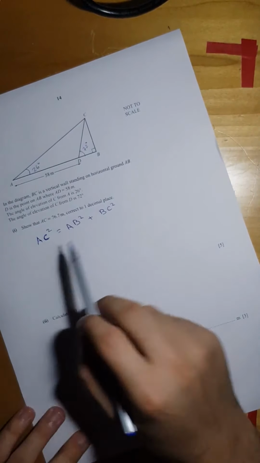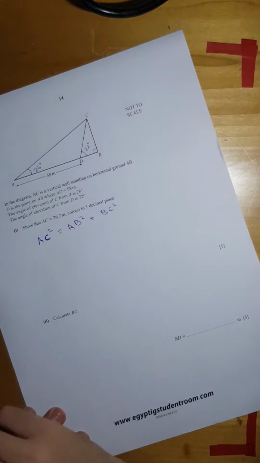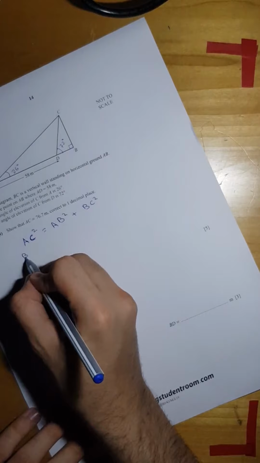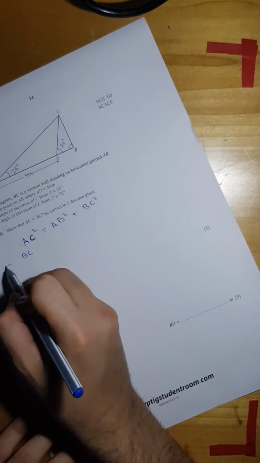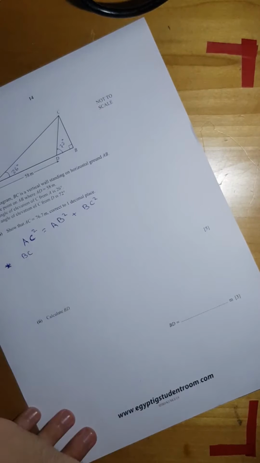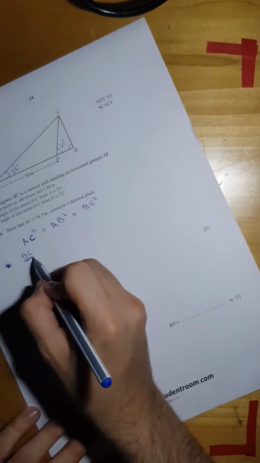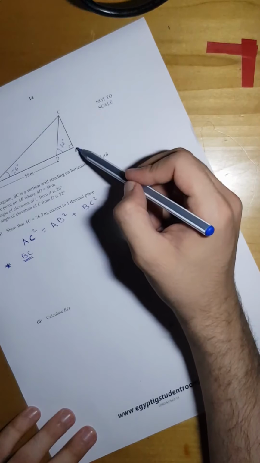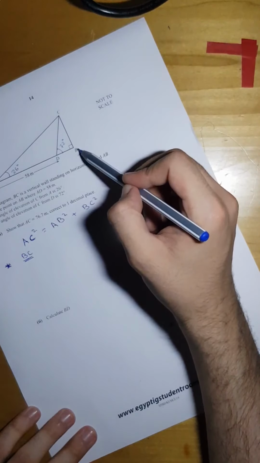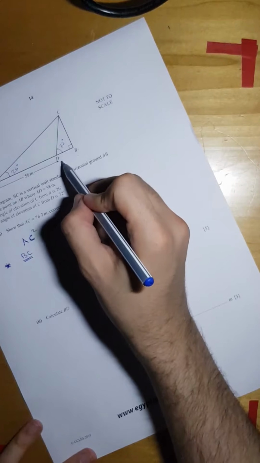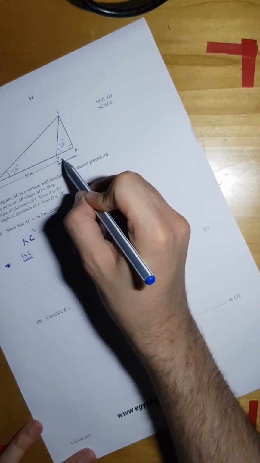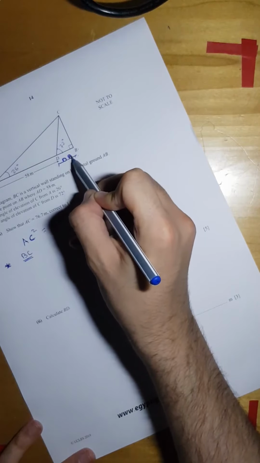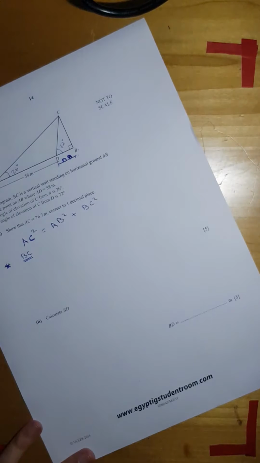Now we're going to make this in terms of AC. Easy. First of all we're going to find BC. We're going to call this DB. I'm sorry, DB. So this question is a little bit complicated.